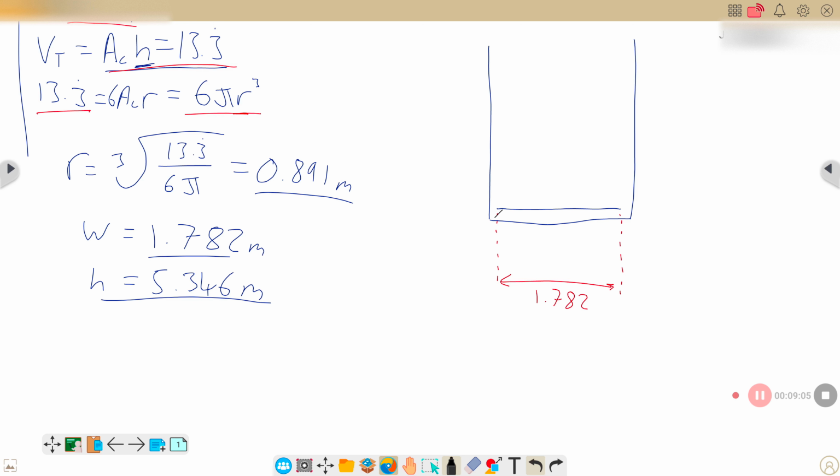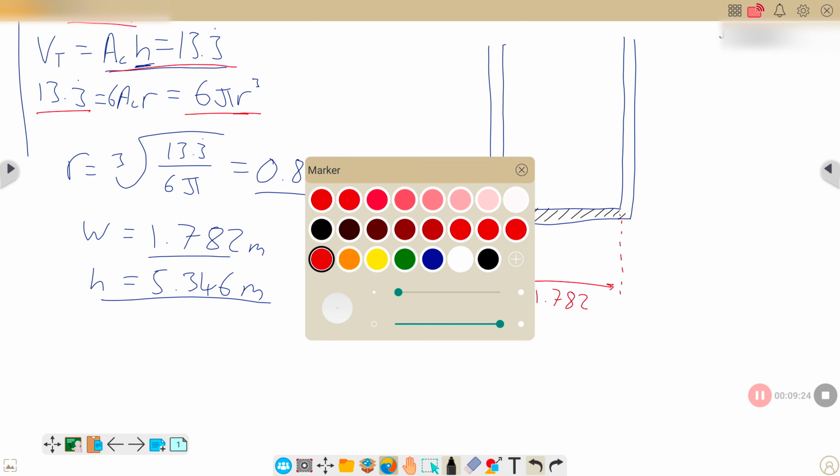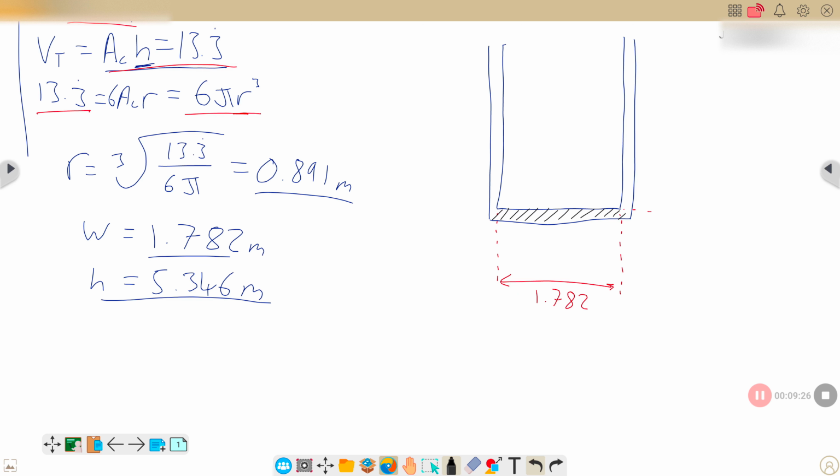This space that I'm highlighting here is kind of like the wall of the silo. And if you'll remember, it's 5 centimeters thick. So if that's 1.782 in length, I could add to my drawing here and say 0.05 meters.